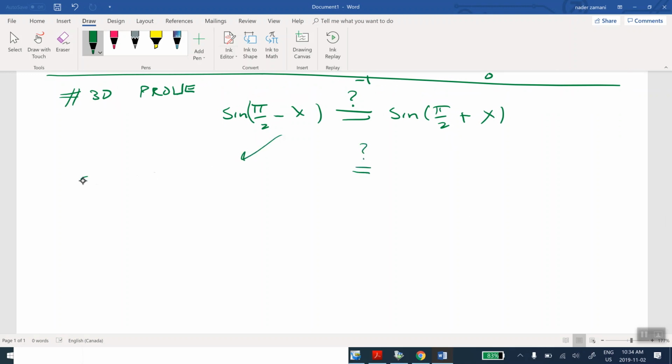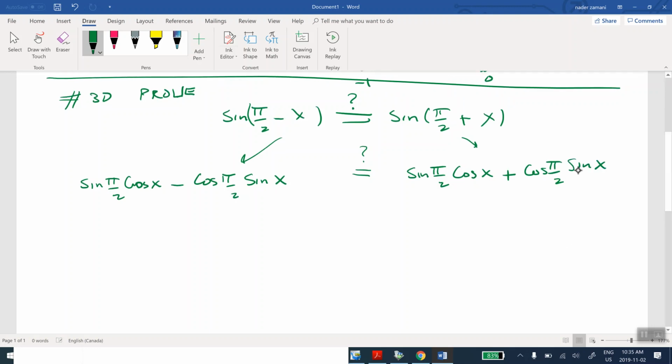On this side, I'm going to use the formula for sine of the difference of two angles: sine of pi over 2 cosine of x minus cosine of pi over 2 sine of x. And on this side, sine of pi over 2 cosine of x plus cosine of pi over 2 sine of x. I don't know whether these are the same, that's why I left the question mark. But let's plug in whatever we know. Cosine of pi over 2 is 0 and sine of pi over 2 is 1.